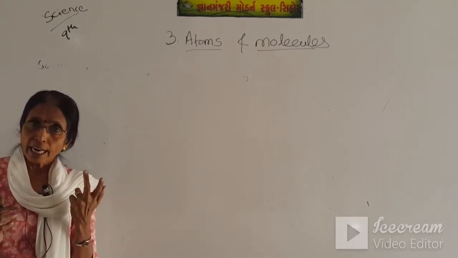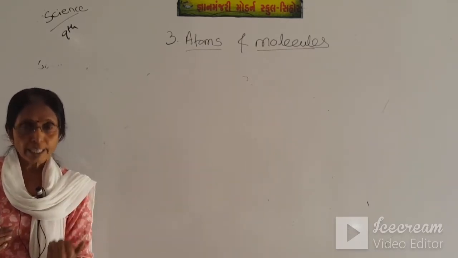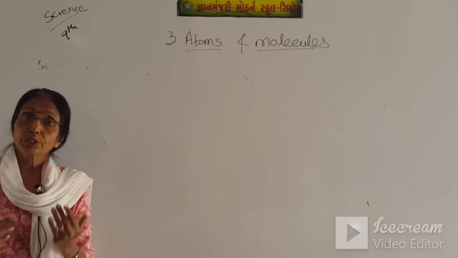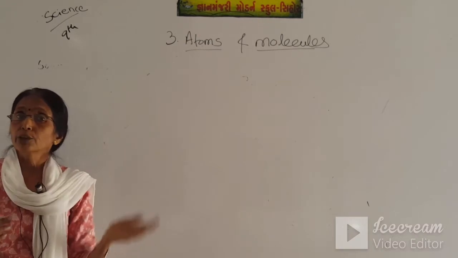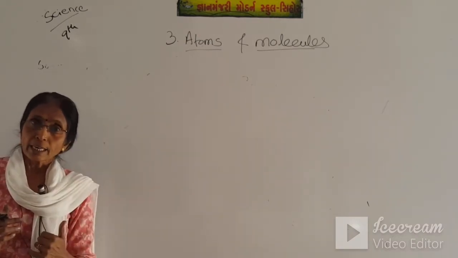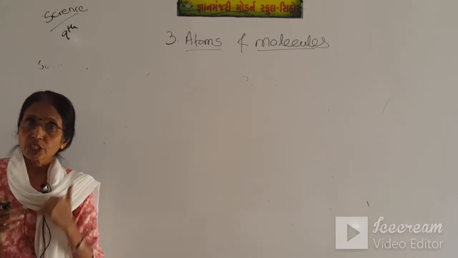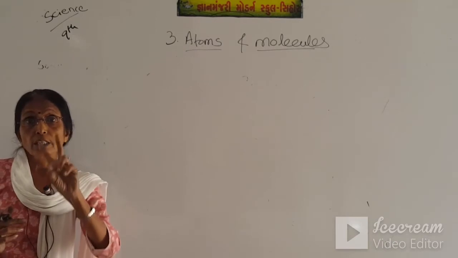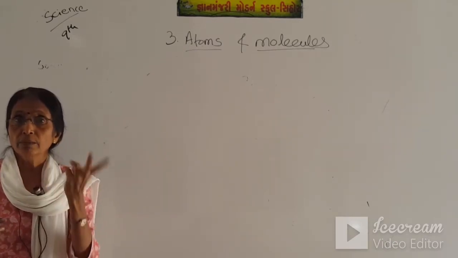And when any atom gains electrons, the negative charge increases. The positive charge is less than the negative charge. So at that time, that ion achieves a negative charge. So this is the difference between atom and ion.